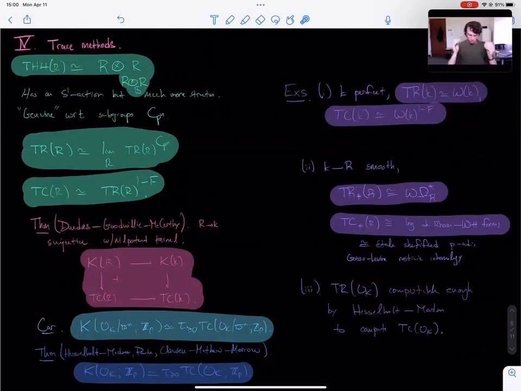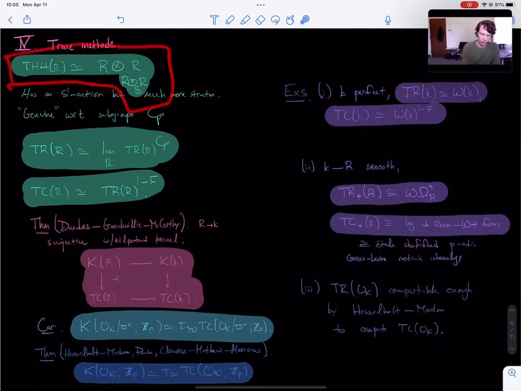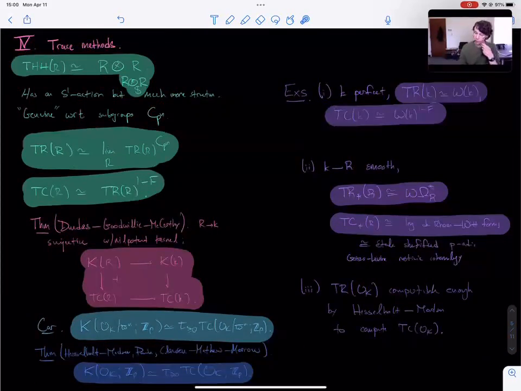So nowadays, the way to do this is not so much using group homology and the plus construction, but a totally different approach, which is adapted for understanding the p-adic part when p is not invertible, and especially for p-complete rings. It's built by starting with this THH construction, which is a version of Hochschild homology relative to the sphere spectrum instead of to the integers. It's a spectrum with S1 action, and it has a lot more structure.